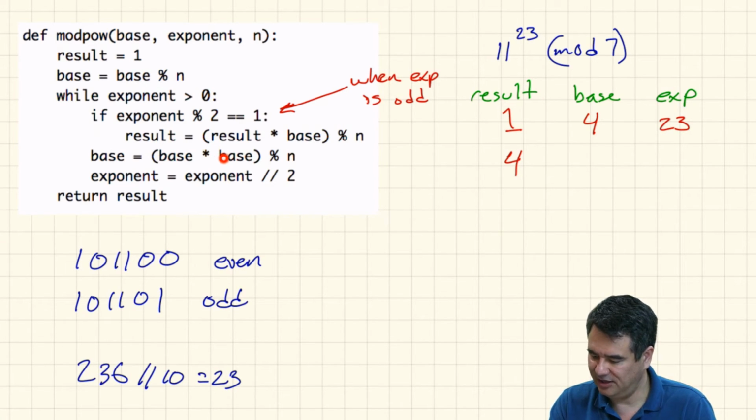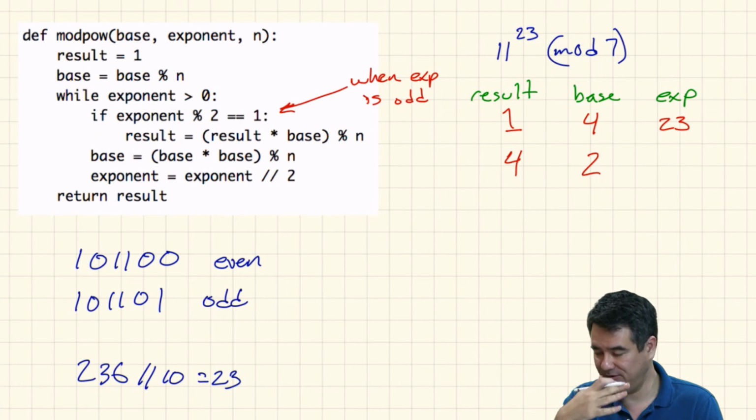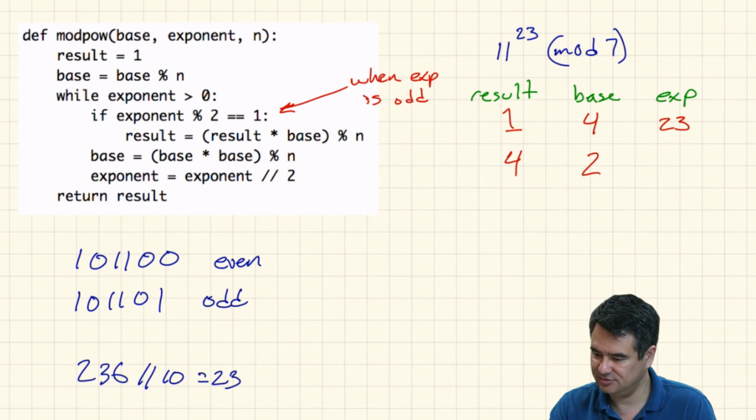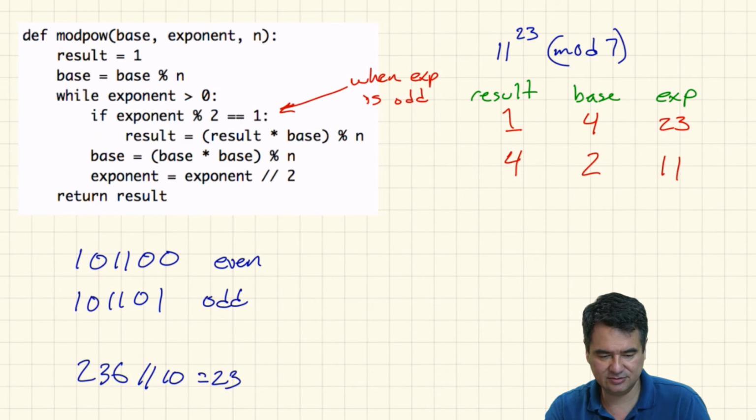Then we take base and square it, so we get 16, modulo 7 is 2. Then we divide the exponent by 2, basically lopping off the right-hand bit. 23 divided by 2 comes out to be 11. Let me just verify that here. Yep, 11.